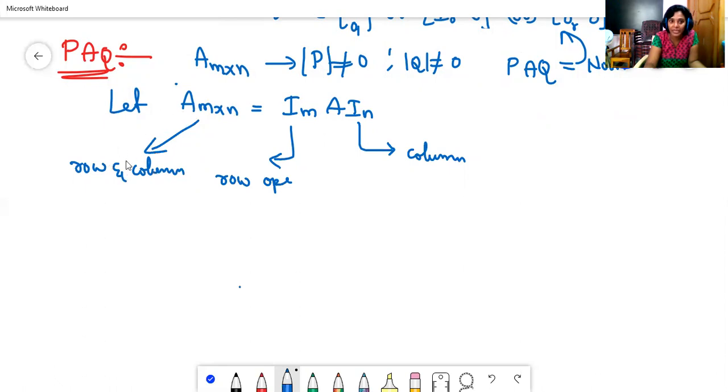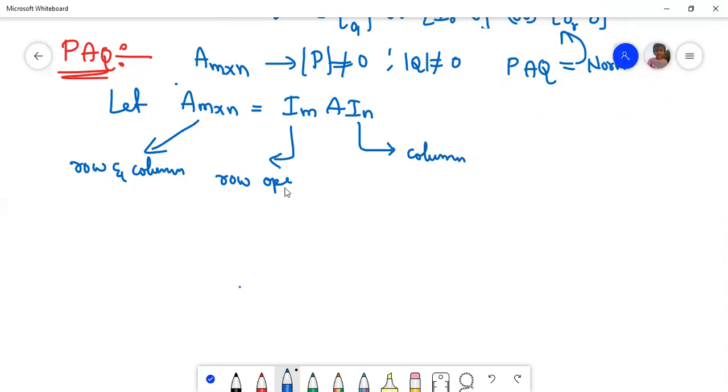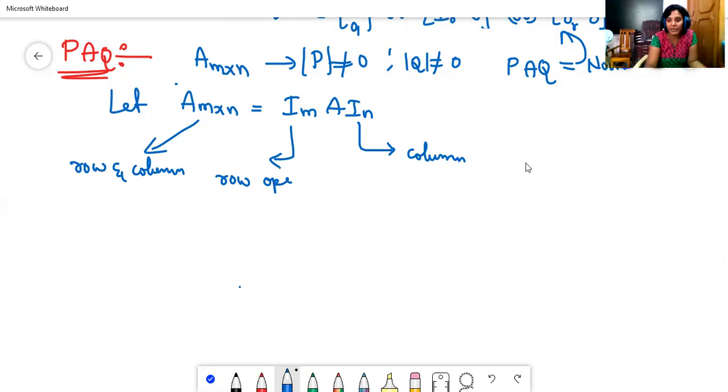When we apply the row operation, we apply it on the A matrix as well as the prefactor identity matrix. In that way we reduce to PAQ form. In that we can find out what they are asking, to find the non-singular matrices P and Q.